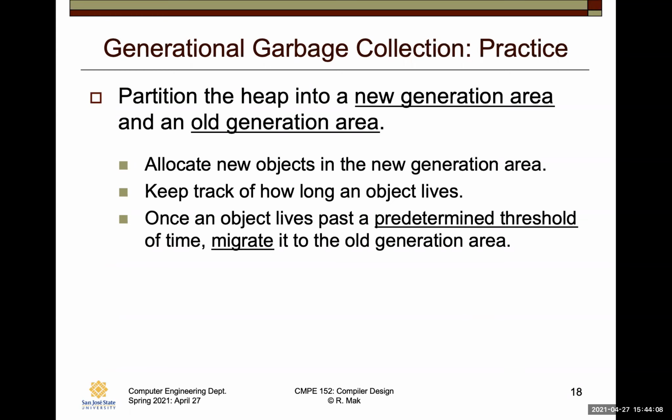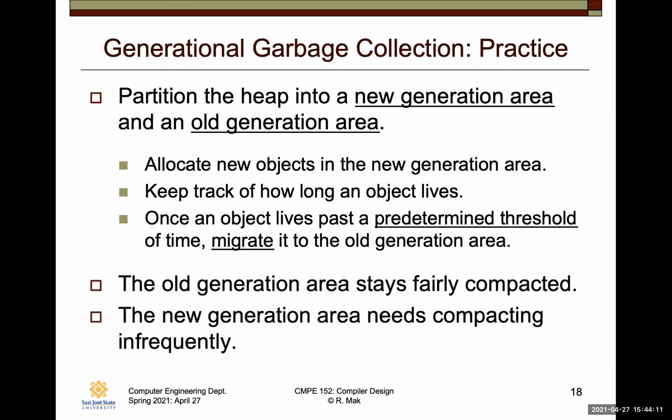Okay. All right. So because the objects in the old generation area are, by definition, long-lived, that area is going to stay pretty compacted, right? You're not going to be making too many holes in there because those are long-lived objects, okay? And the new generation area, well, because by definition those objects are short-lived, they come and then they go, they come and then they go, you're not going to end up with a lot of Swiss cheese, right?